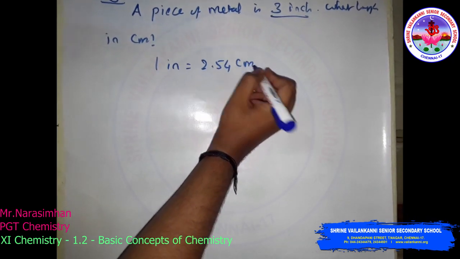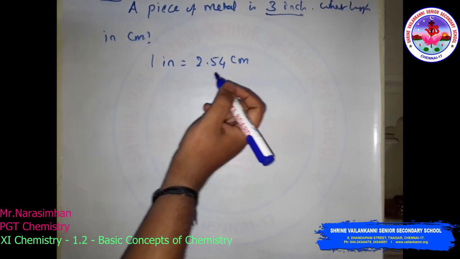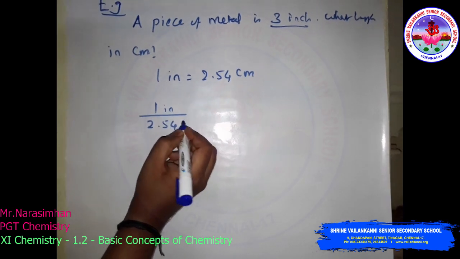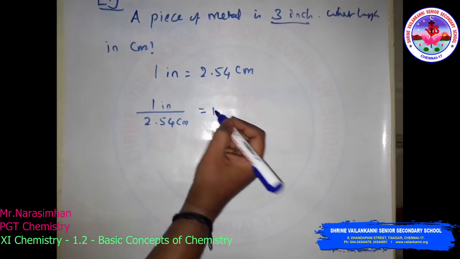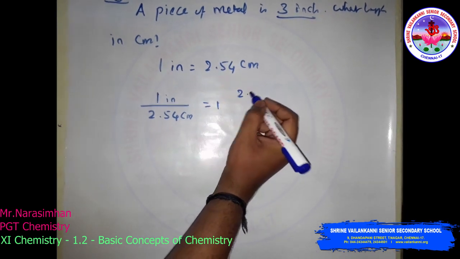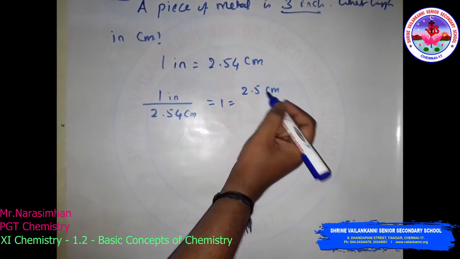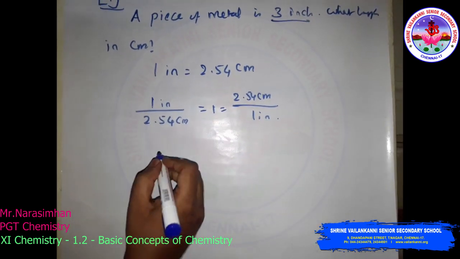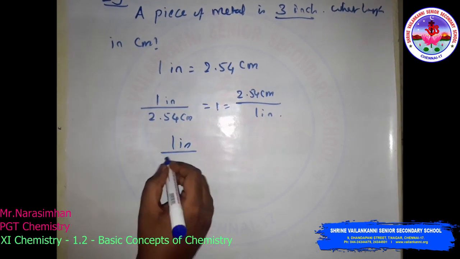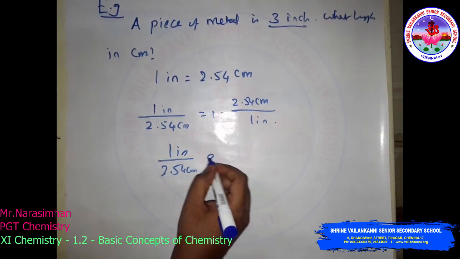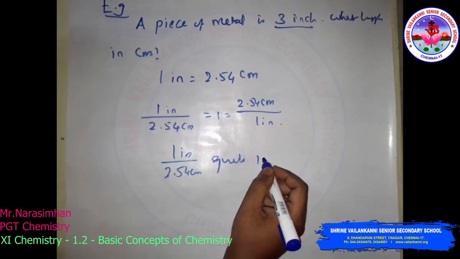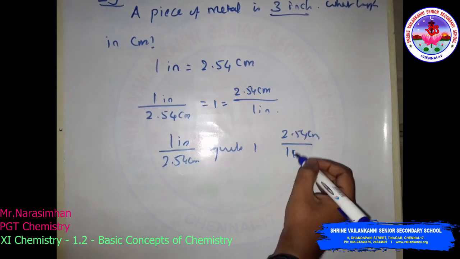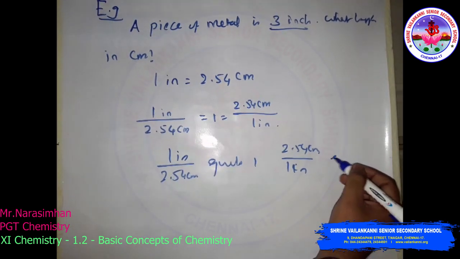Here we know that 1 inch is equal to 2.54 centimeter. So the equivalence we can write is 1 inch divided by 2.54 centimeter equals 1. Likewise, 2.54 centimeter divided by 1 inch also equals 1.